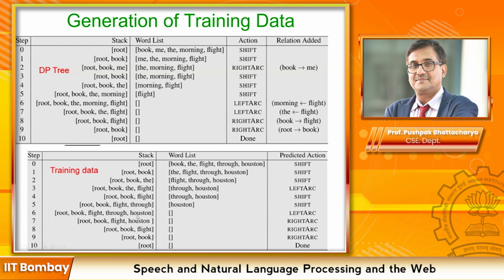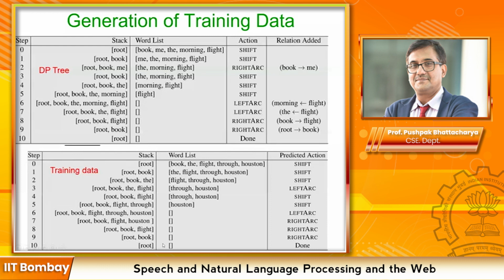So now Houston has come. So through and Houston, I see a left arc. I see a dependency relation on the dependency tree, and through is to the left of Houston. So I do a left arcing and pop through out of the stack. Now I have flight and Houston.